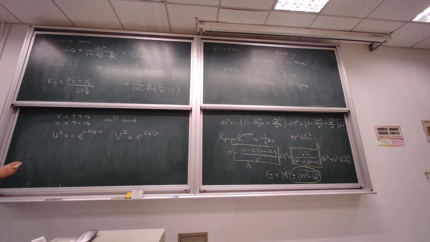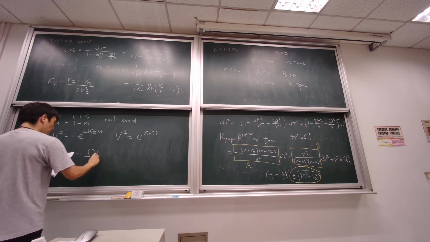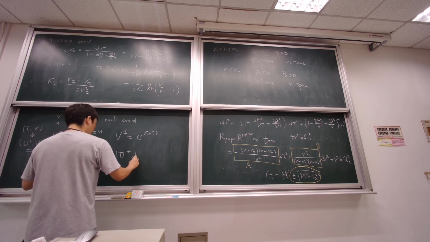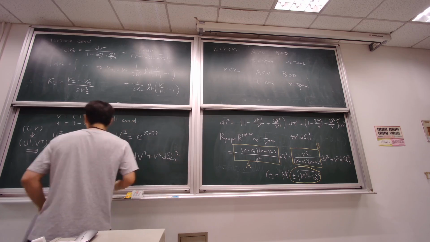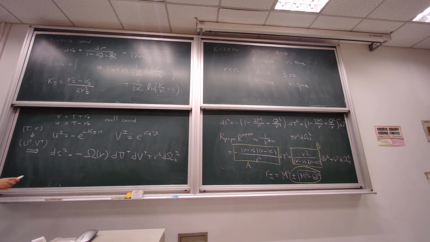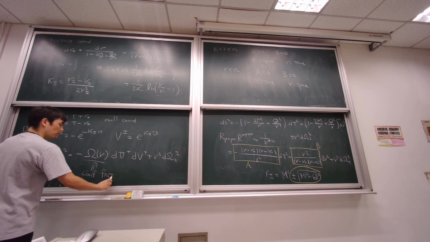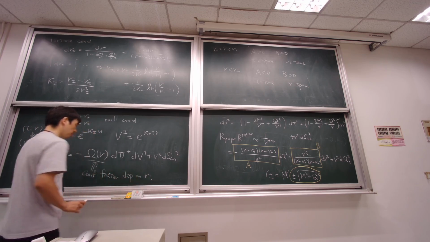Then the metric. First, let's use U plus and V plus instead of t and r. Then the metric becomes like this: some complicated conformal factor, omega of r, times dU plus dV plus, plus r squared d omega squared. So this is somewhat complicated, and it's written in the lecture notes, with a conformal factor which only depends on the r coordinate.